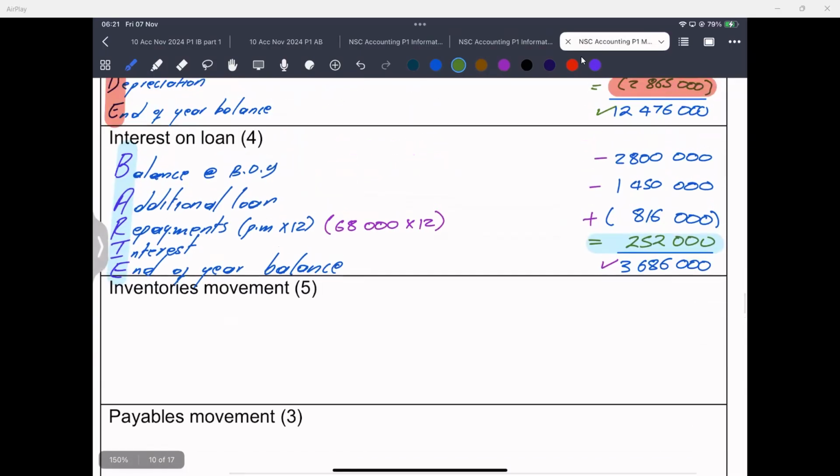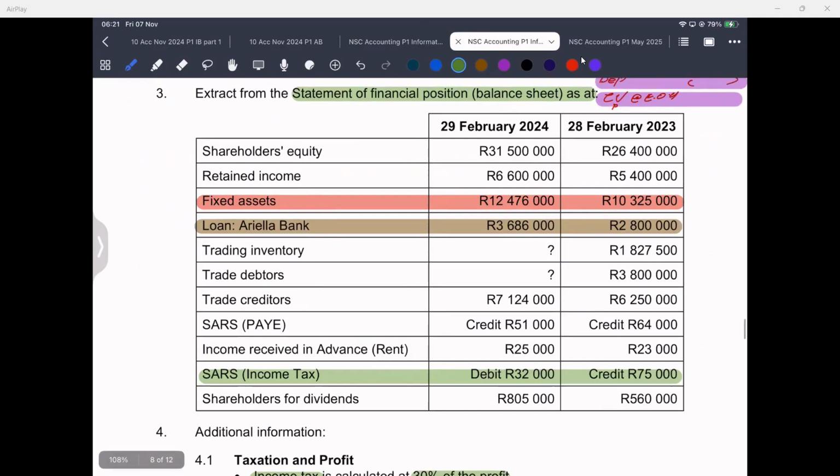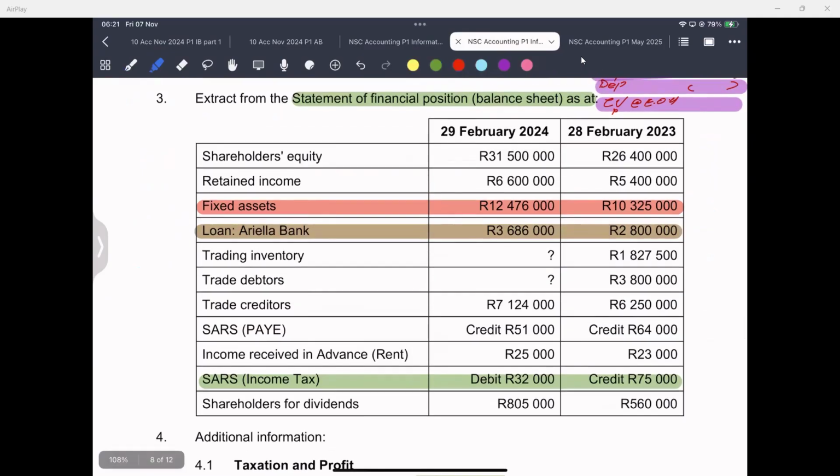The next one wants us to calculate inventories movements. Let us check what we have. They gave us trading inventory for the previous year, which is your trading stock in this case. But we have trading stock missing for the current year. For you to calculate trading stock, they need to be giving you one of the ratios.